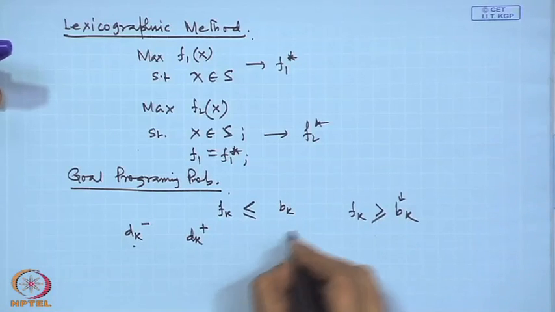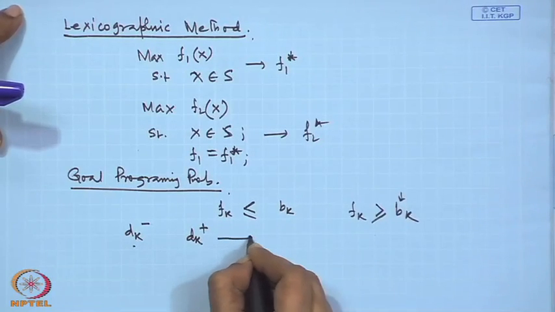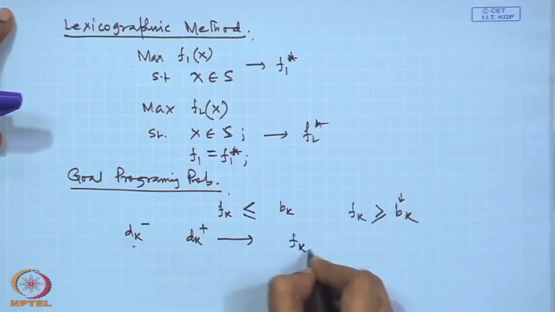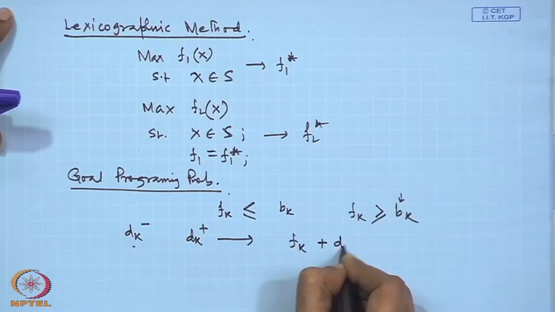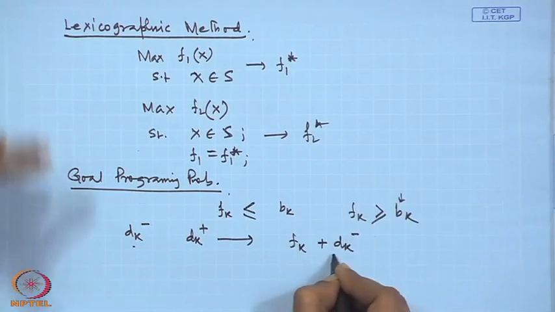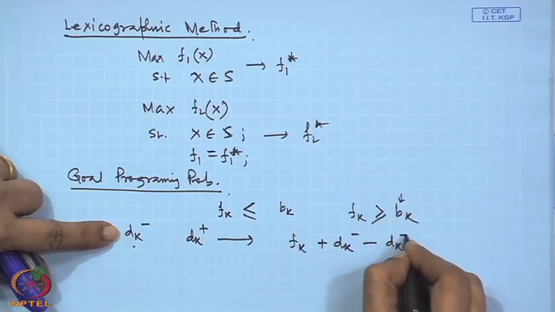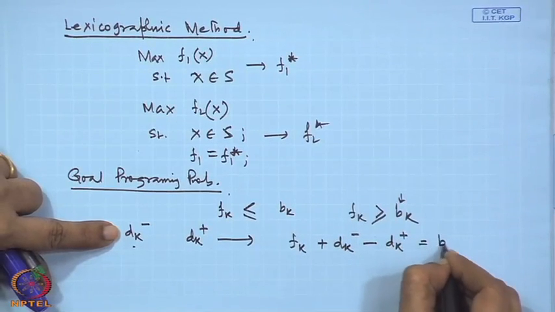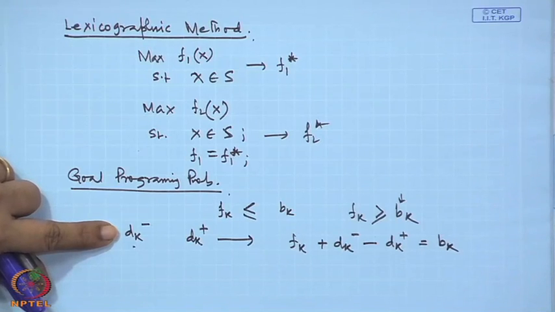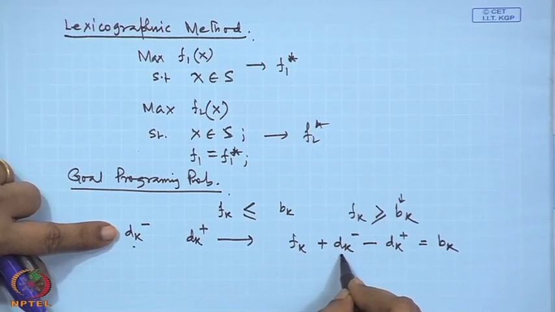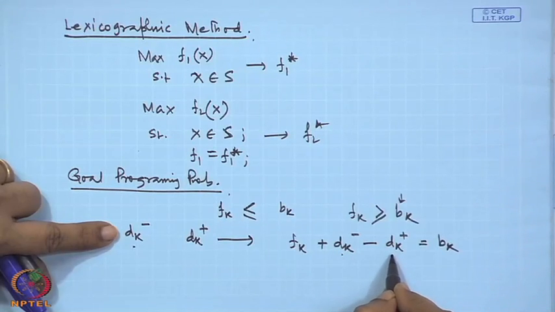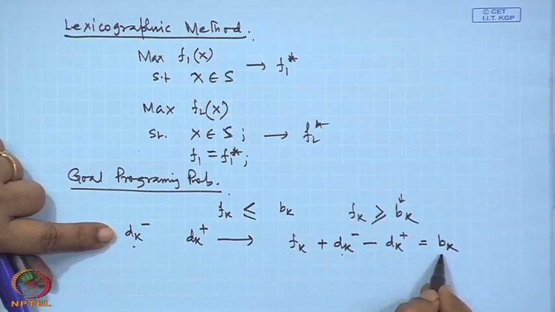If I want to include this information here, how do I mathematize it? I should write fk plus dk minus, that is the underachievement value, or it could be the overachievement as well, is equal to bk. That means either fk will be underachieved by this amount or overachieved by this amount, and only then will fk be equal to bk.